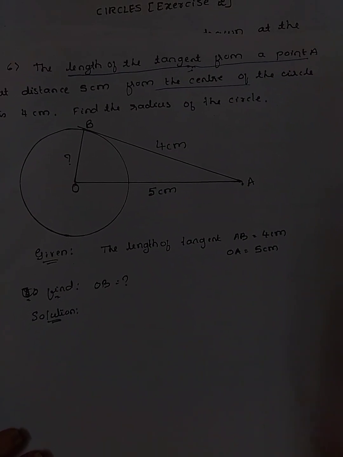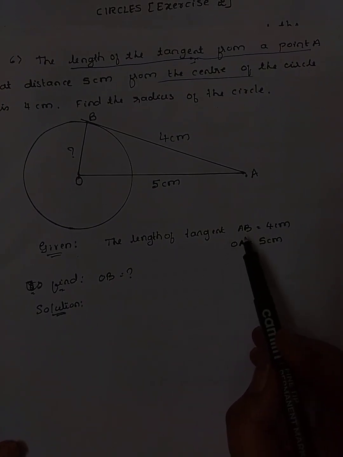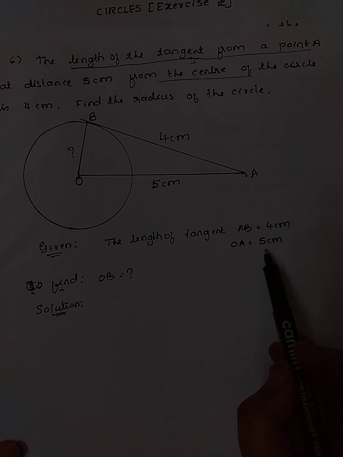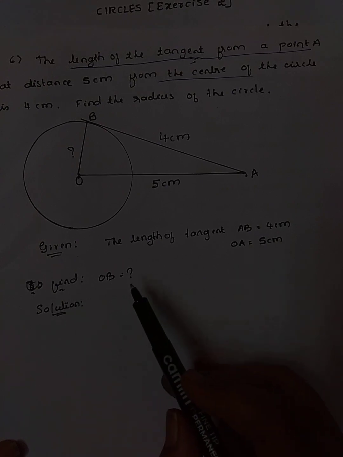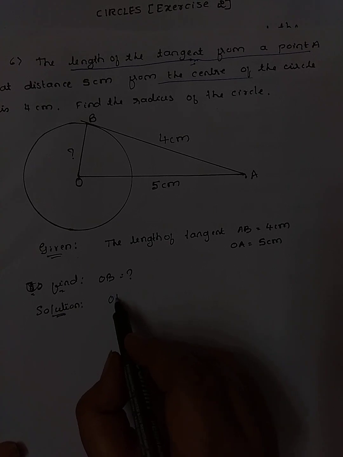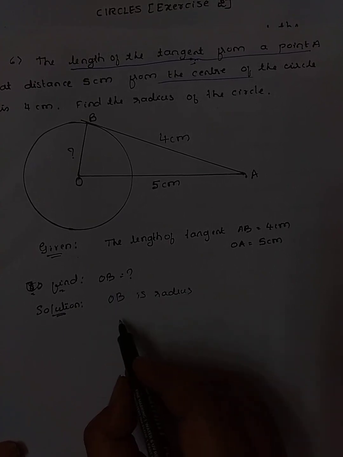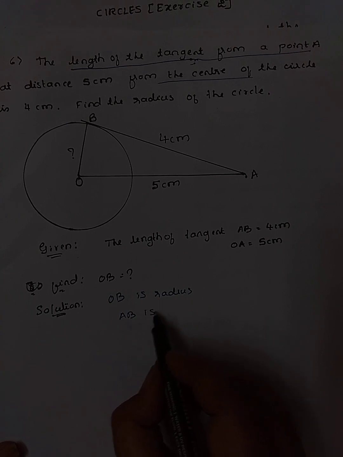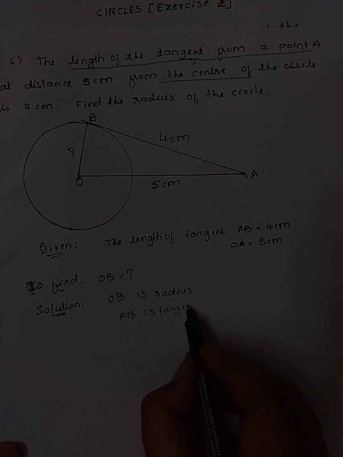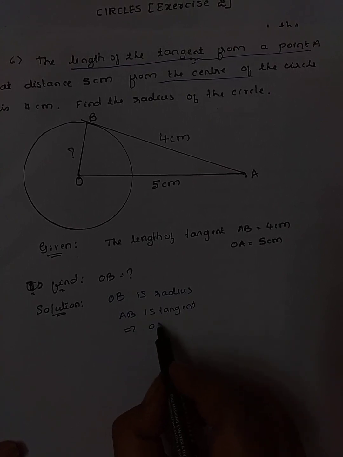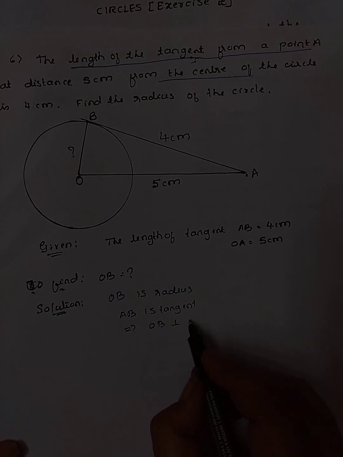So how can we solve it? The length of the tangent AB is 4 centimeters, OA is equal to 5. Find OB. So solution: OB is a radius, AB is a tangent. Therefore, OB is perpendicular to AB.